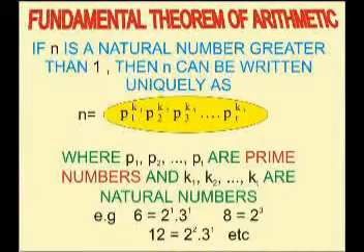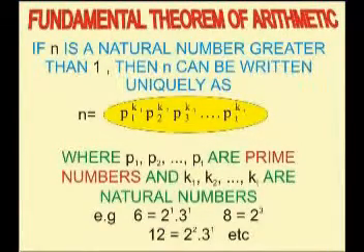The fundamental theorem of arithmetic. If n is a natural number greater than 1, then n can be written uniquely as p1 to the power k1, p2 to the power k2, p3 to the power k3, up to pt to the power kt, where p1, p2, pt are prime numbers and k1, k2, kt are natural numbers.